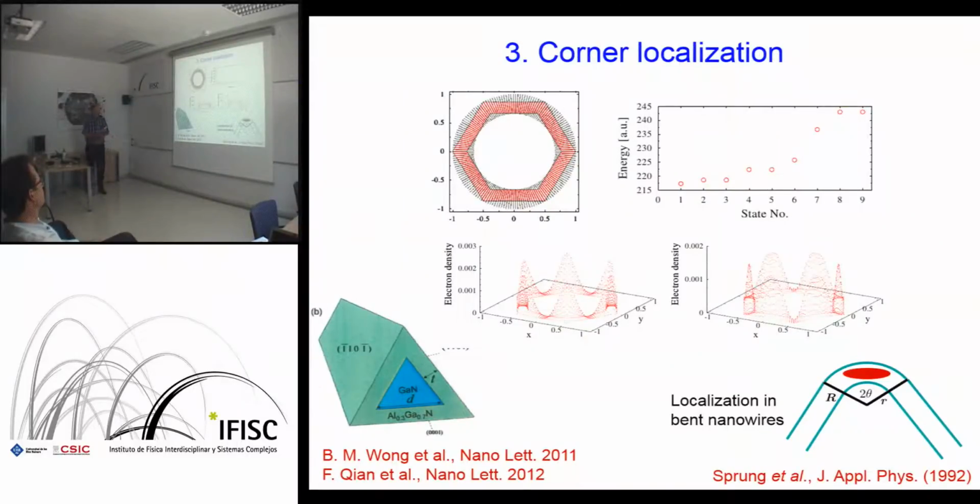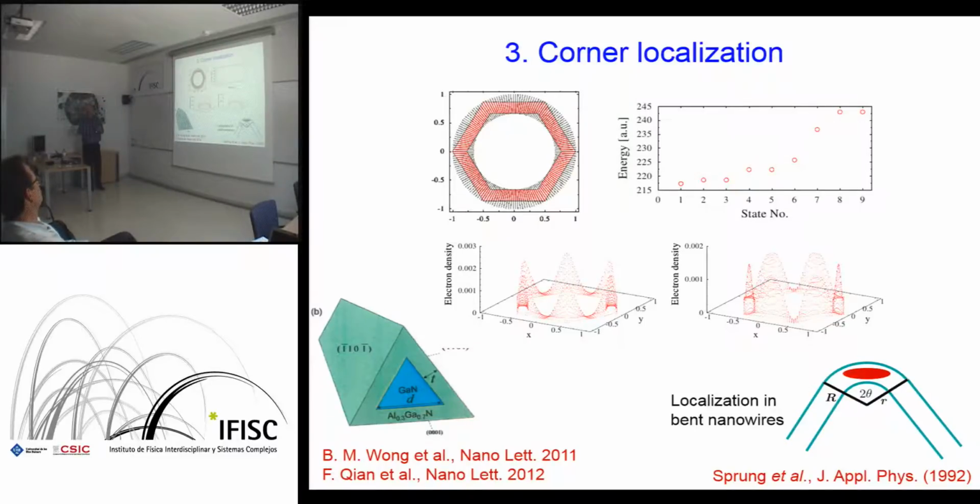Now I will talk about the third type of localization, in the corners. Remember, the cross-section of a nanowire typically is a hexagon.